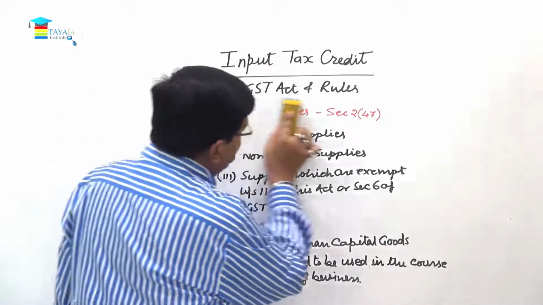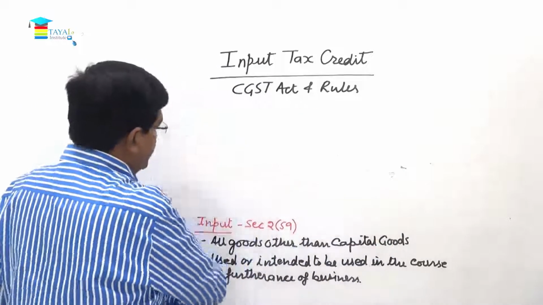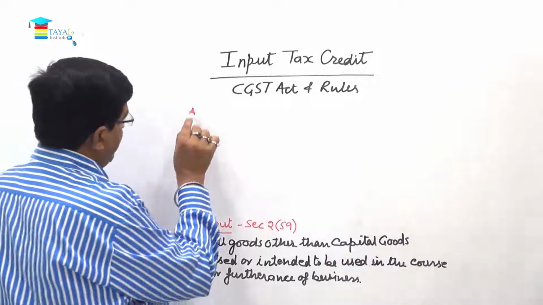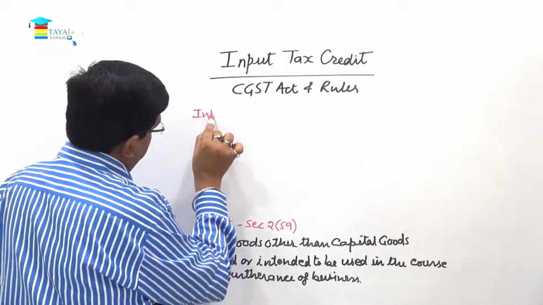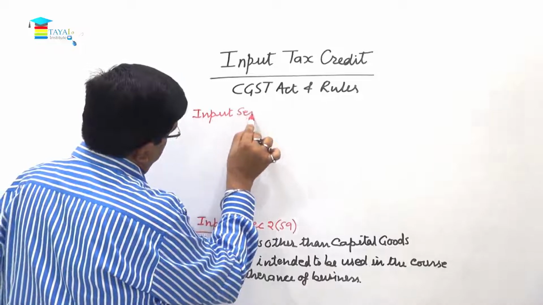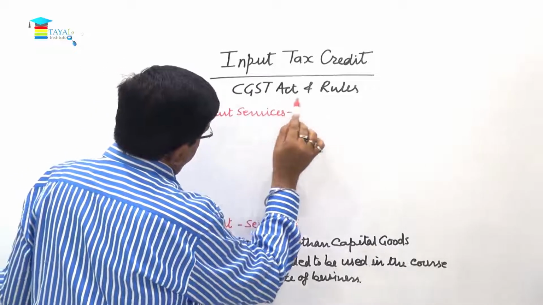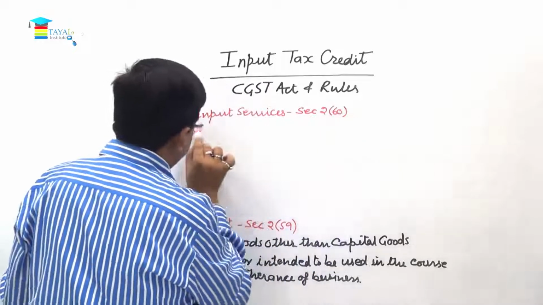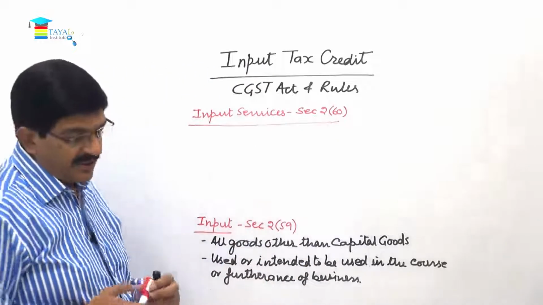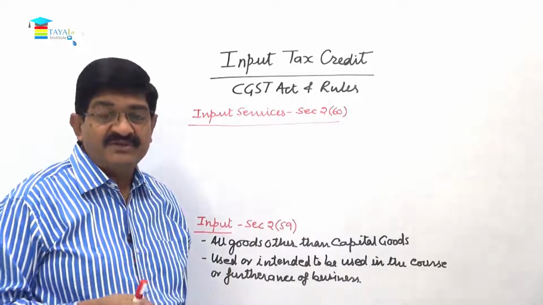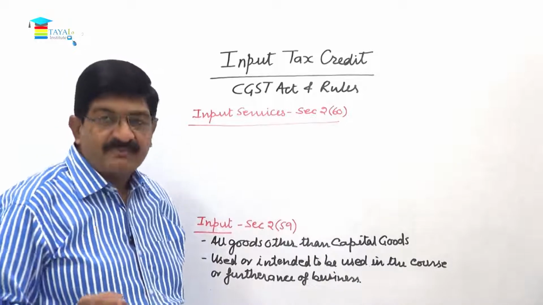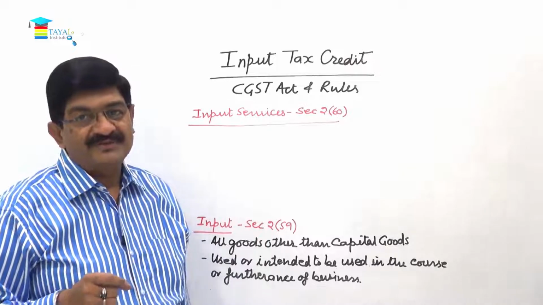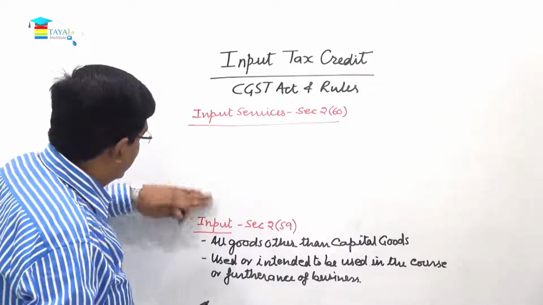Then we have input services, which comes under section 2 subsection 60. Idea is very simple. These are all services received by the supplier, and those are either used or intended to be used in the course or furtherance of the business.